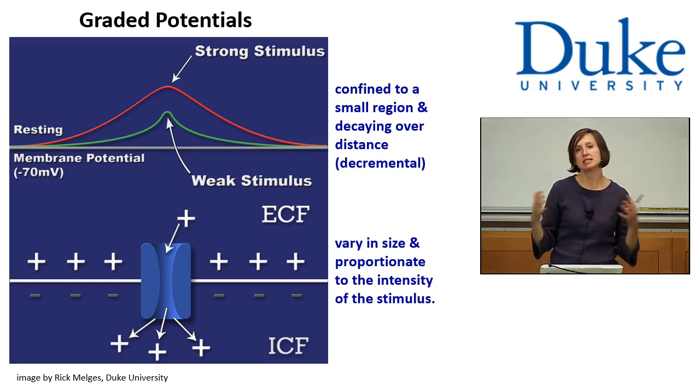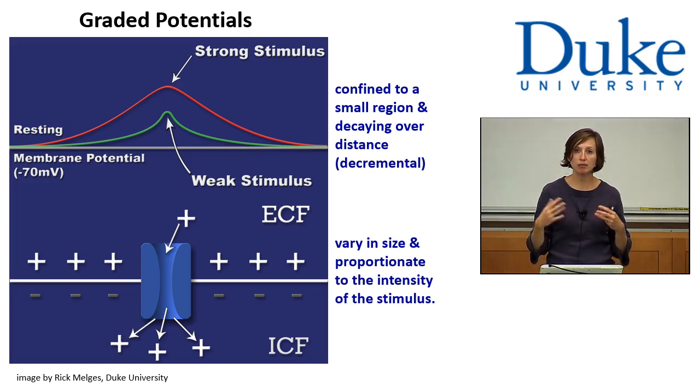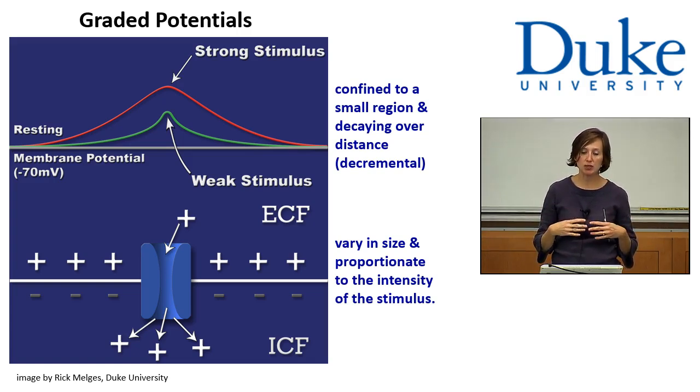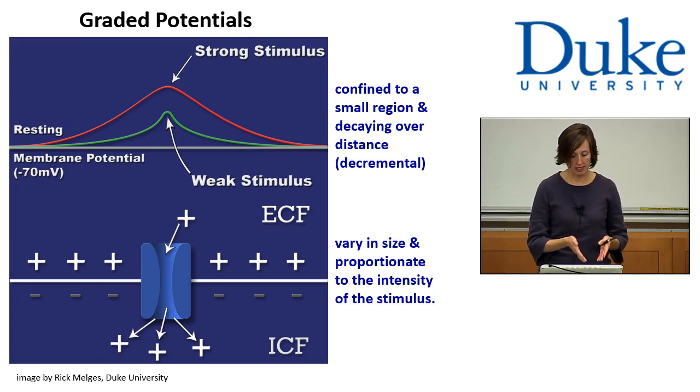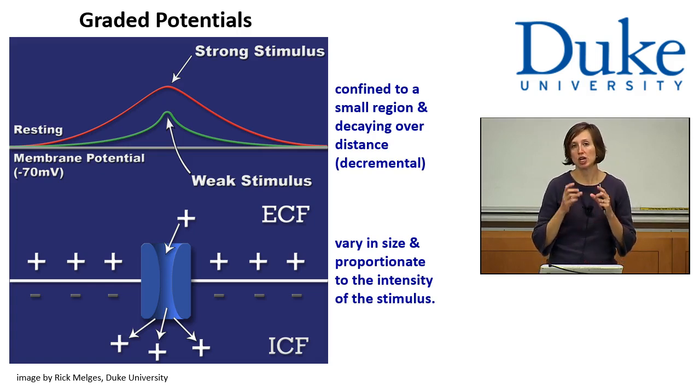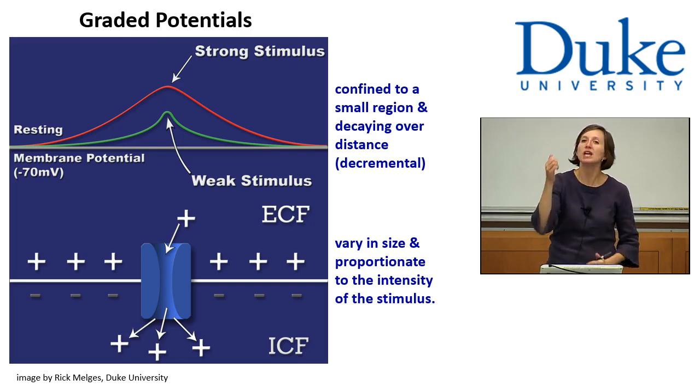I think the easiest way to think about a graded potential is to imagine that you have a ligand-gated ion channel, meaning that it's gated by binding a ligand, which is very often a molecule like a neurotransmitter. So let's say we have in this image a sodium channel that's gated by a neurotransmitter, sitting in the membrane, and we add to that little spot in the membrane a small amount of that neurotransmitter.